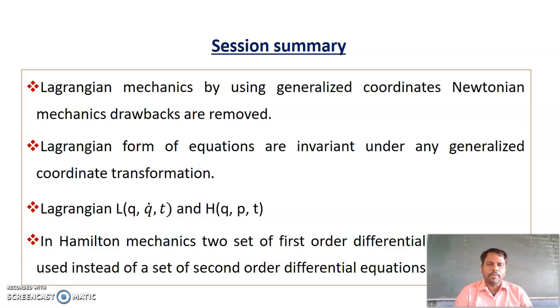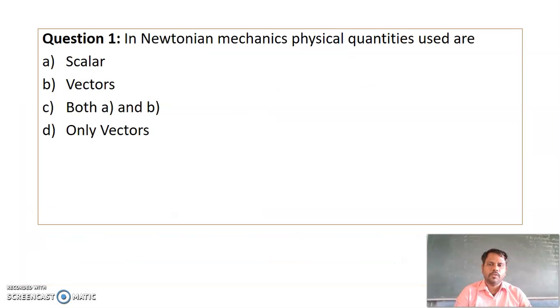So we see that Hamiltonian mechanics, Lagrangian mechanics and Newtonian mechanics deal with the same equation of motion of a body. However, Hamiltonian mechanics is far better because it gives a foundation to understand statistical and quantum mechanics. So now let's have a small session on MCQs.